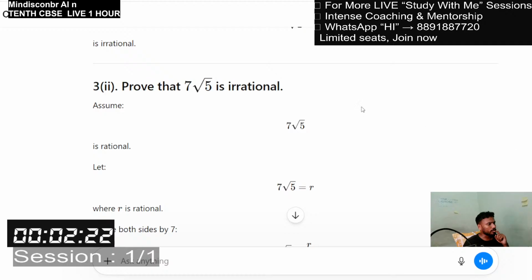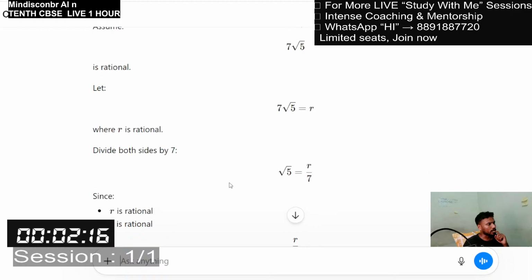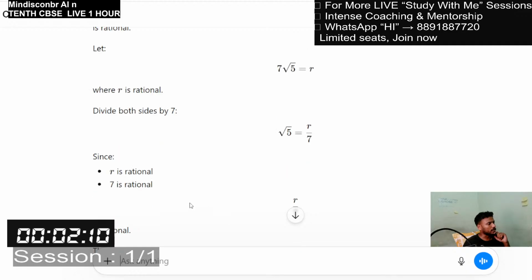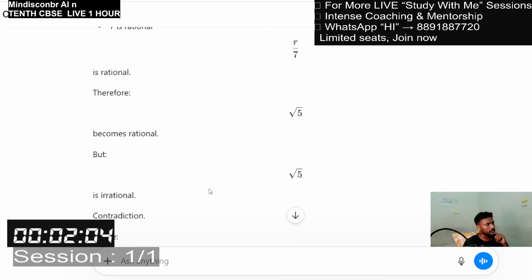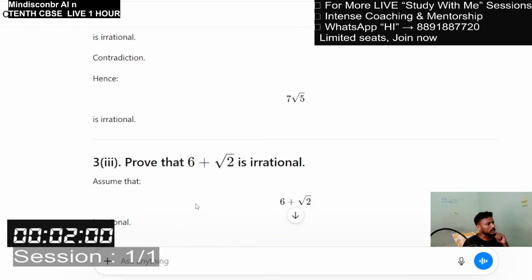Prove that 7 root 5 is irrational. Assume 7 root 5 is rational, let 7 root 5 be equal to R, where R is rational. Divide both sides by 7. Root 5 is equal to R by 7. Since R is rational, 7 is rational, R by 7 is rational. Therefore, root 5 becomes rational, but root 5 is irrational. Contradiction. Therefore 7 root 5 is irrational.